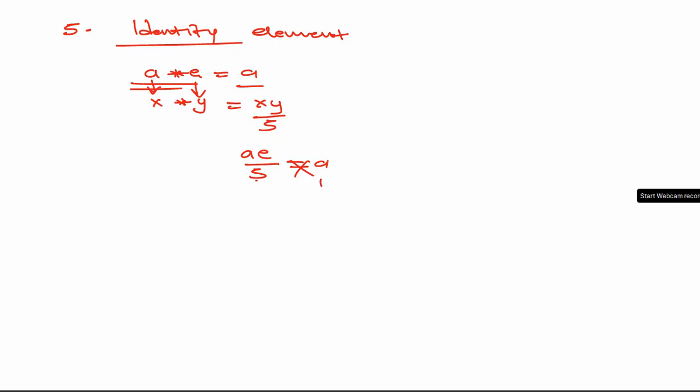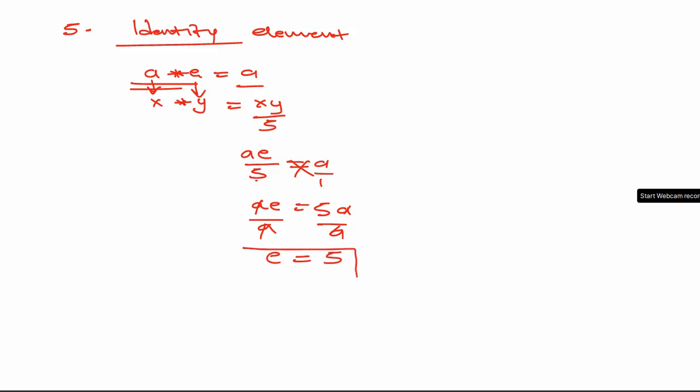This times this, we get ae, equal to 5a. So we can solve for e by dividing by a everywhere. So this is going to cancel. Our identity element becomes 5.